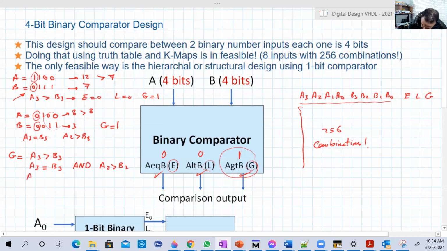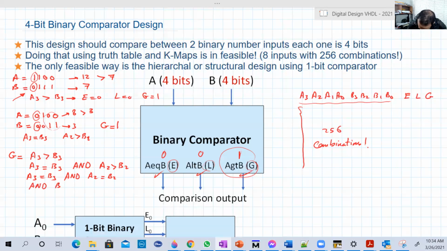Another case, A3 equal to B3 and A2 equal to B2, but this time A1 is greater than B1. And the last case is all of them are equal.